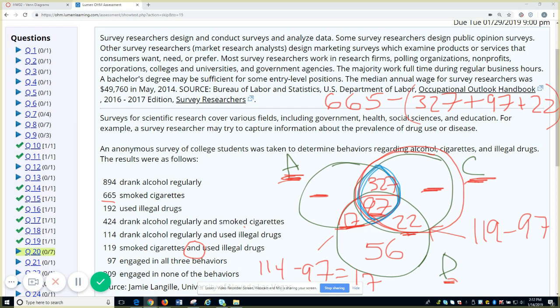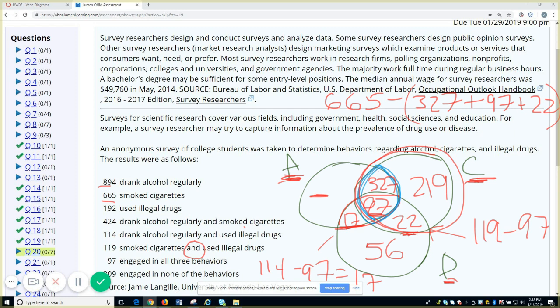Okay. 327, 97, and 22 leaves us with 219 people. All right, let's do one more for the alcohol drinkers.